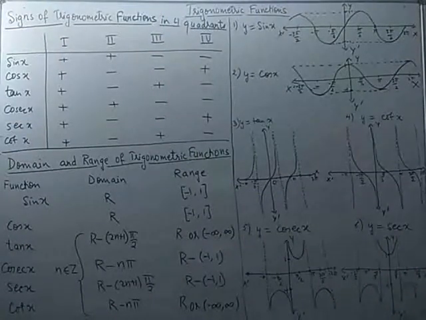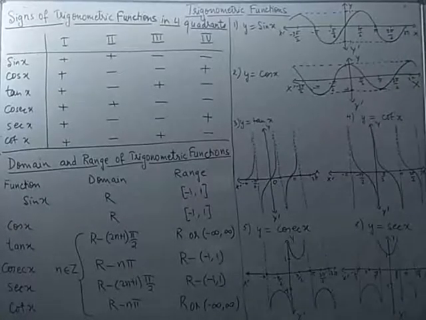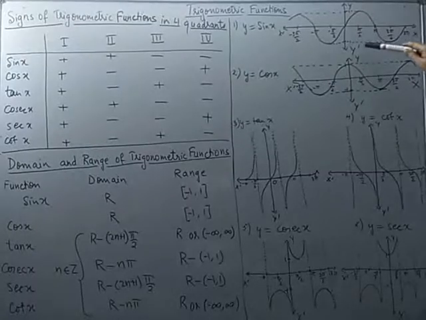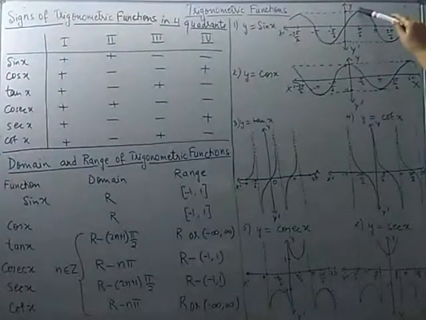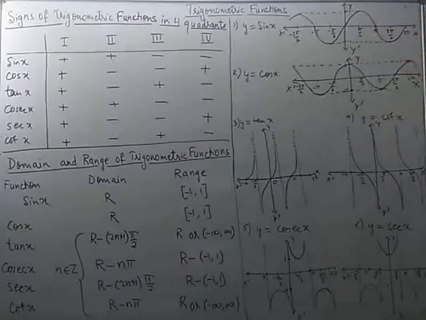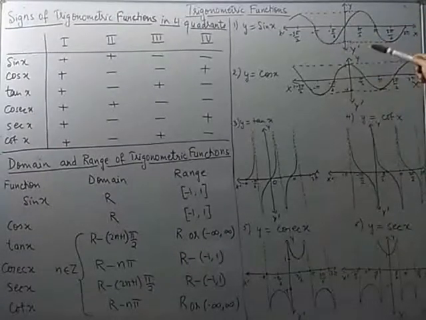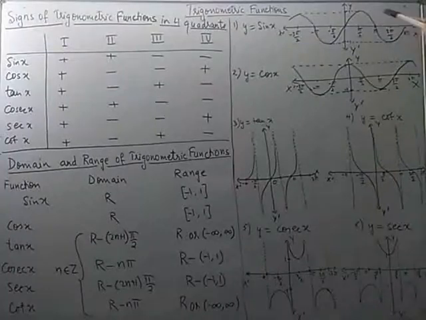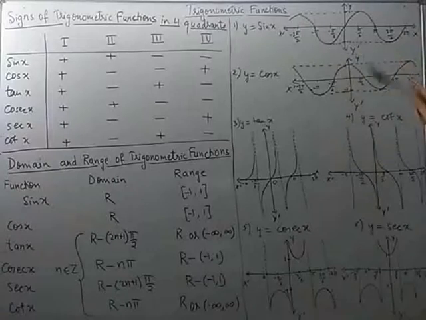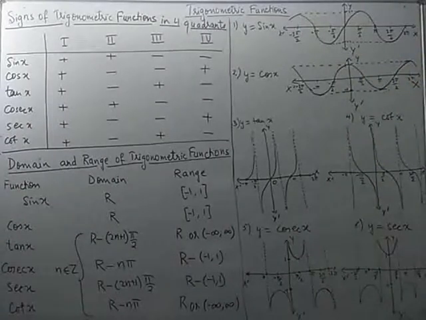But when x is taking all these real values, what is the corresponding value of y? If you again focus on this curve, you will see the highest value of this wave is at pi by 2, which is equal to 1, and its lowest value at minus pi by 2, which is minus 1. It will take the value 1 at various angles, and it will take the value minus 1 also at various angles.